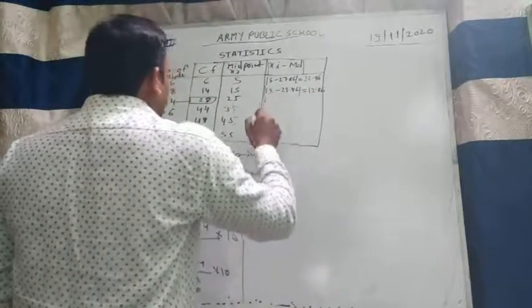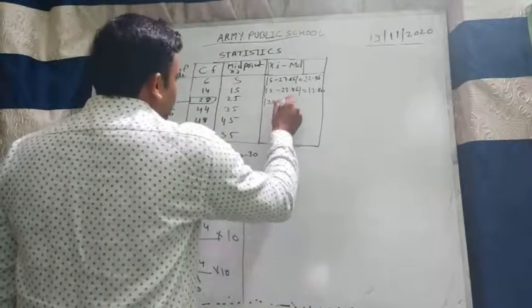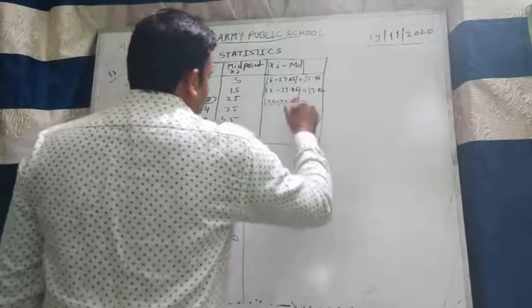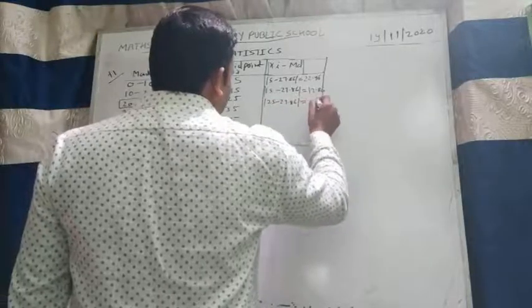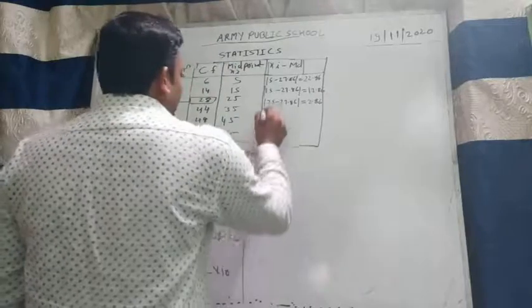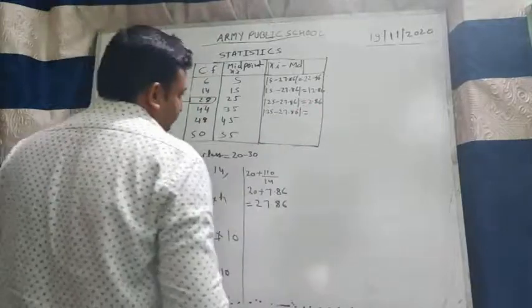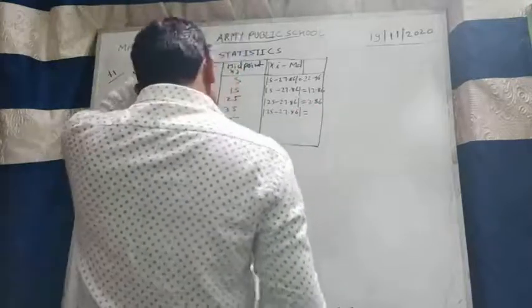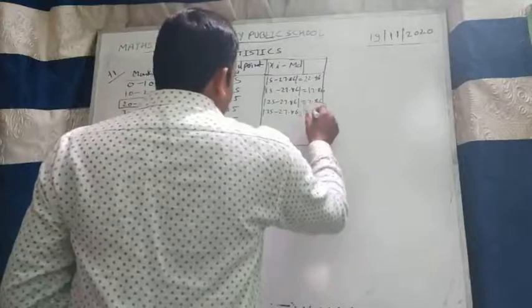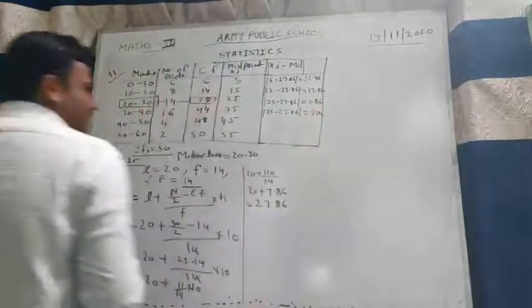Next 25 minus 27.86. So we are getting 2.86. Now 35 minus 27.86. Now we get 7.14.